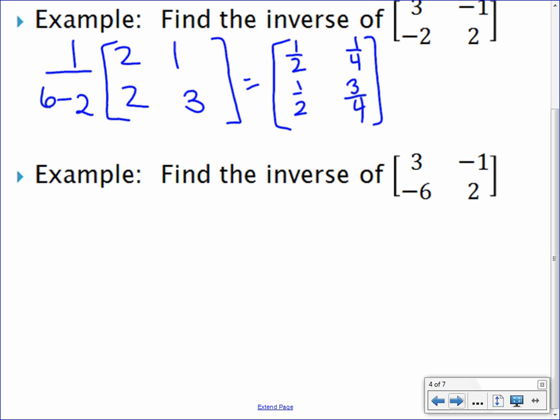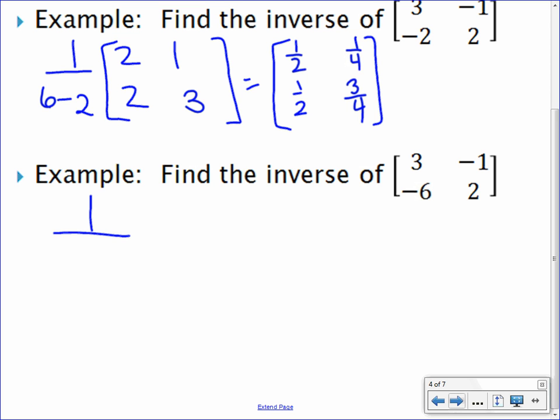Wait, so if you use the formula, that doesn't guarantee that it's the inverse, since not all matrices have an inverse? Okay, we want to find the inverse of this matrix. What happens when we take Chris minus cross?